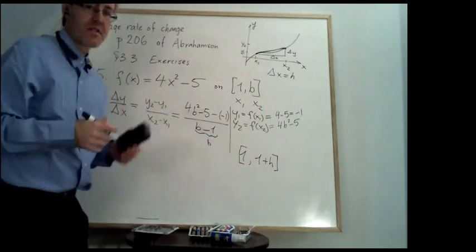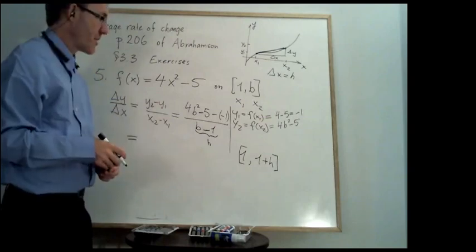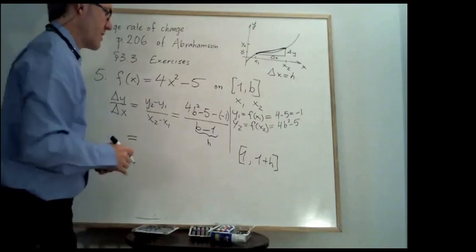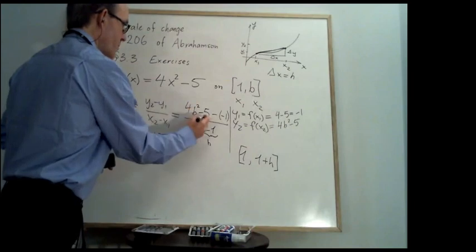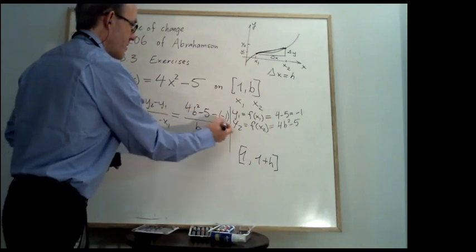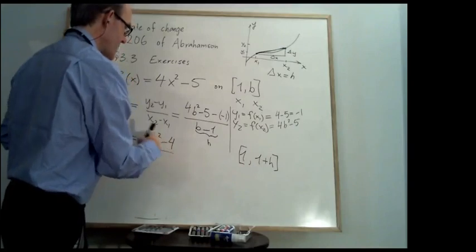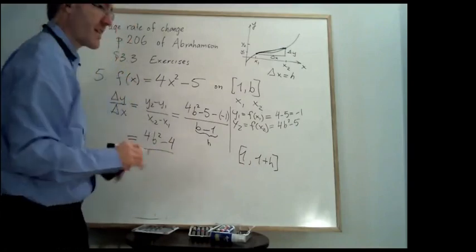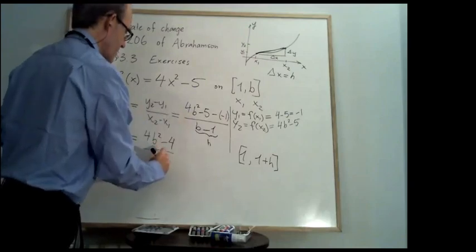I expect a cancellation, in other words. So I just have to look for it. So let's simplify the numerator. 4b squared minus 5 plus 1 is minus 4. If I get something different, then I won't get a cancellation. So it's important I get that constant term correct, over b minus 1.